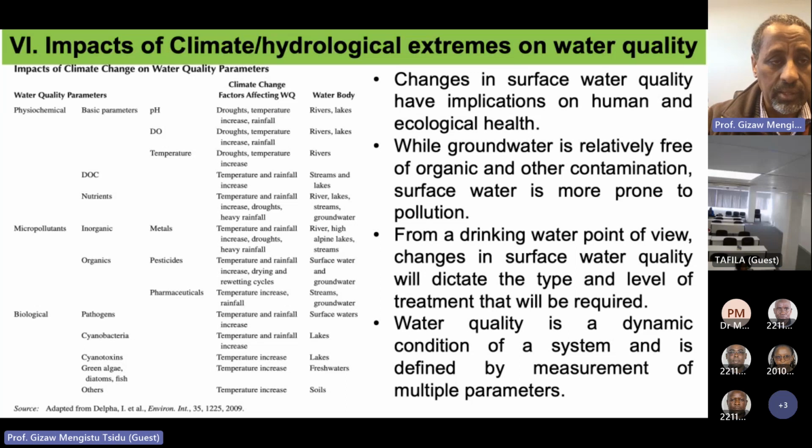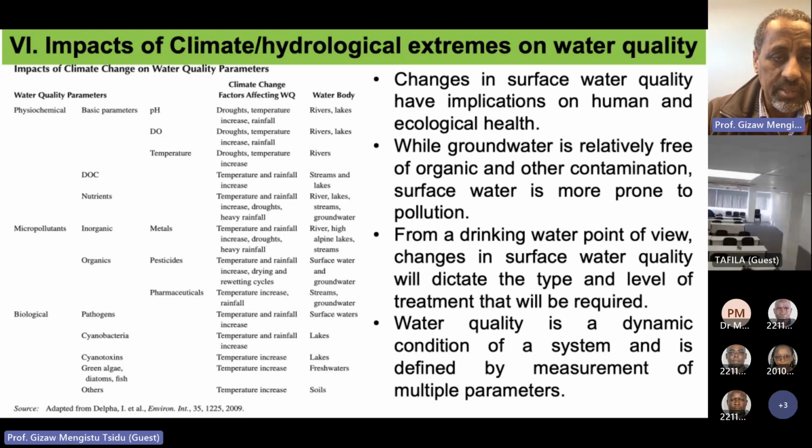But what we are trying to show in the previous slide is that some of this can be derived from satellite on a larger scale, because you don't have to go to the field or collect so many samples and analyze them, which needs chemicals and facilities. That is more costly than using satellites, and at the end you get the same result. At least you know the water quality, at least the range of the water quality.